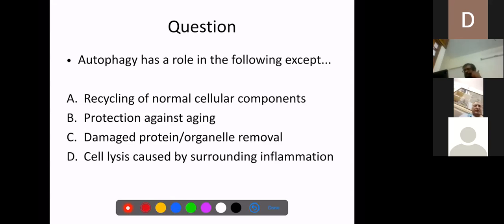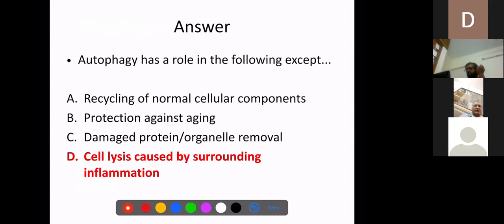Autophagy has a role in the following except. So what is the usual role of autophagy? Cell lysis caused by surrounding inflammation is not one of them, because inflammation is present only in necrosis.